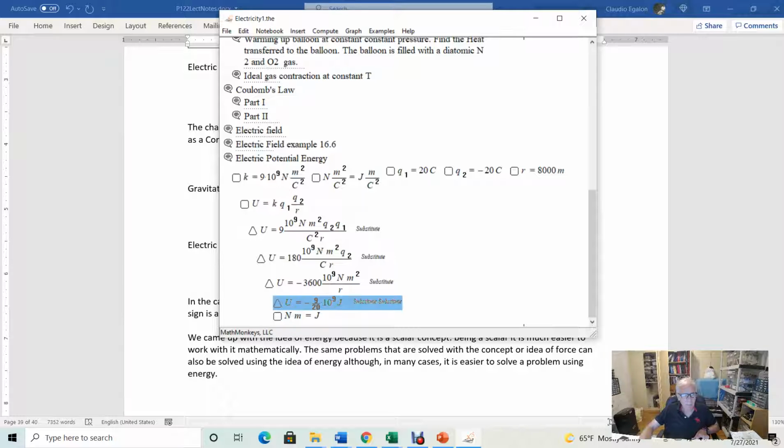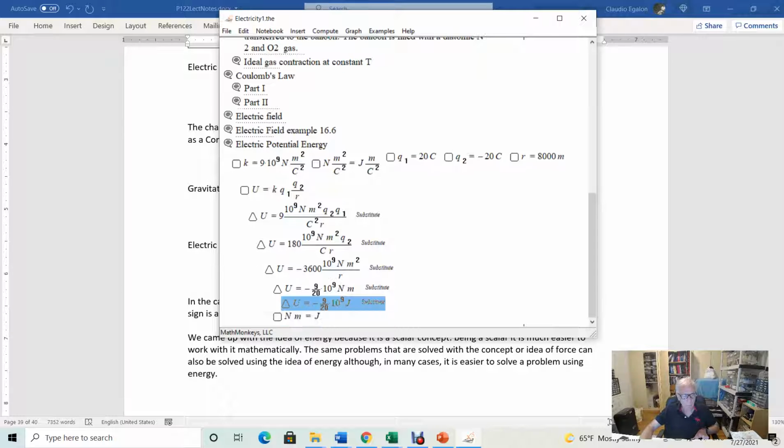That's the type of potential energy that we have. Note that we have a negative sign here. Potential energy is negative. What does it mean? That the charges are attracting one another, that the charges are bound to one another.